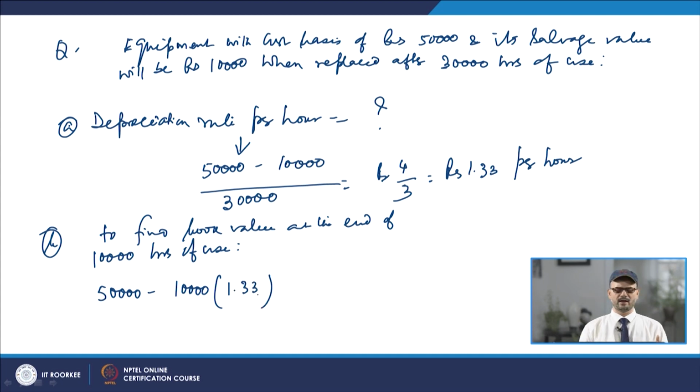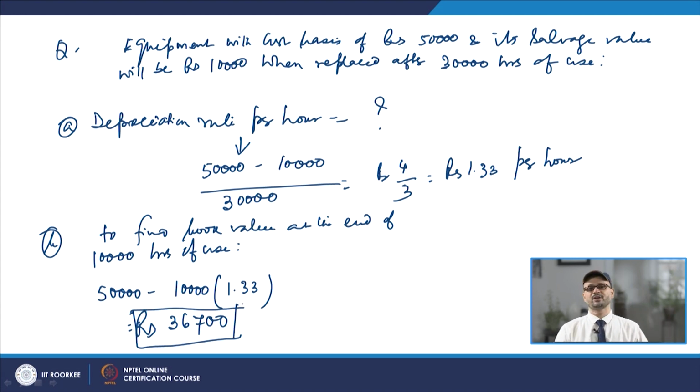So, that will be 13,300. You can calculate it, 36,700 rupees will be your book value remaining. This way you can calculate these depreciation charges.